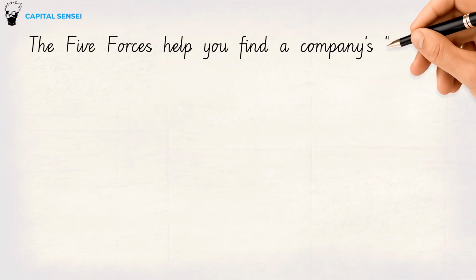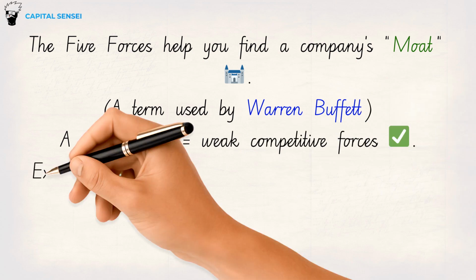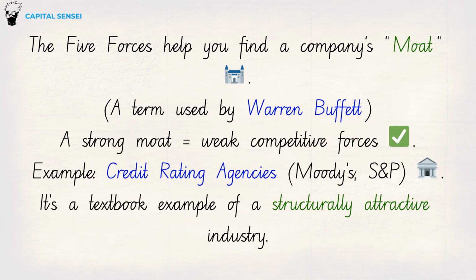Warren Buffett famously talks about investing in businesses with a moat around them. Porter's 5 forces model is the best tool for identifying the size and strength of that moat. For example, look at a company like Moody's or Standard & Poor's, the credit rating agencies. The threat of new entrants is incredibly low due to regulations and the established reputation you need.